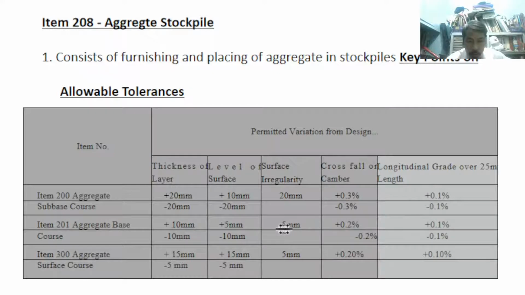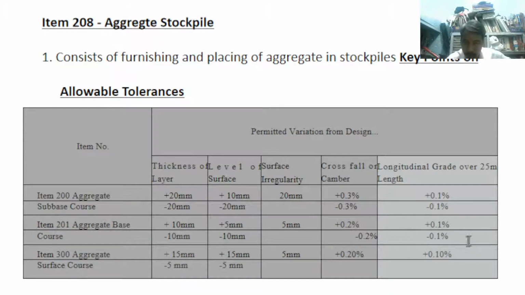Surface irregularity, take note, 5 mm for base, 5 mm for surface course compared to 20 mm for sub-base. Okay? So for camber, that is plus minus 0.2% for item 201 and for item 300, that is positive 0.2%.